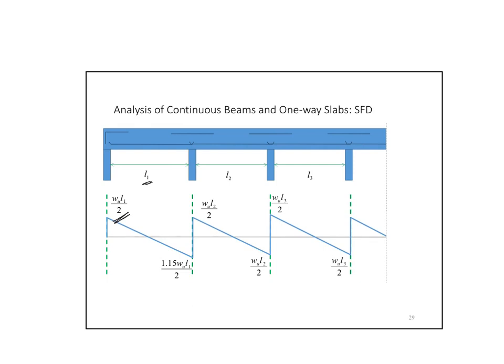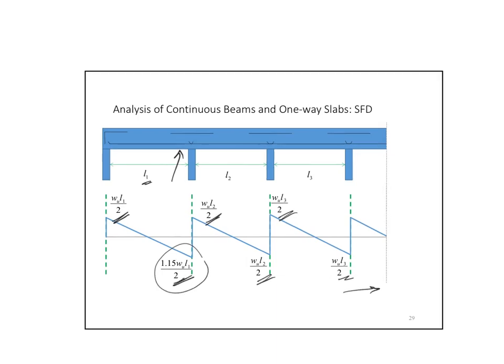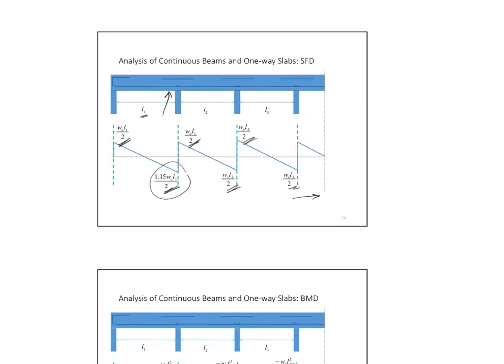Which L? L1. And then the second one, 1.15 WL over 2. And then WL2 over 2, WL2 over 2 for all the remaining ones. So only the first one gets WL over 2 and an extra 15% in that shear. Good? That's for the shear force diagram.